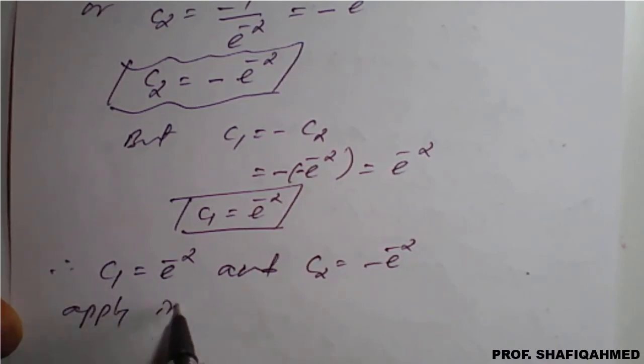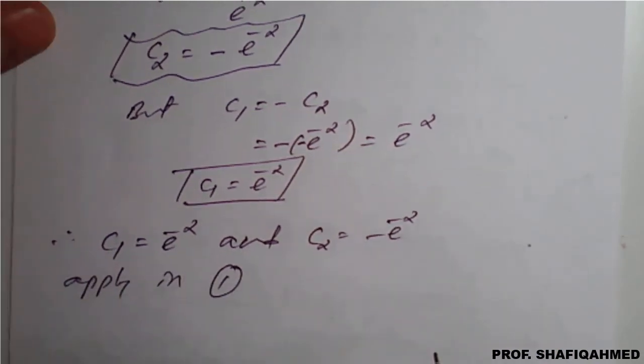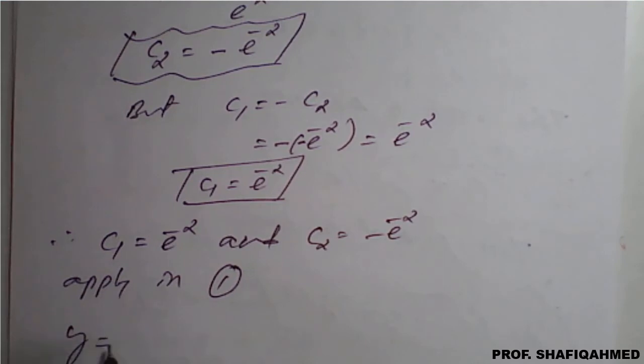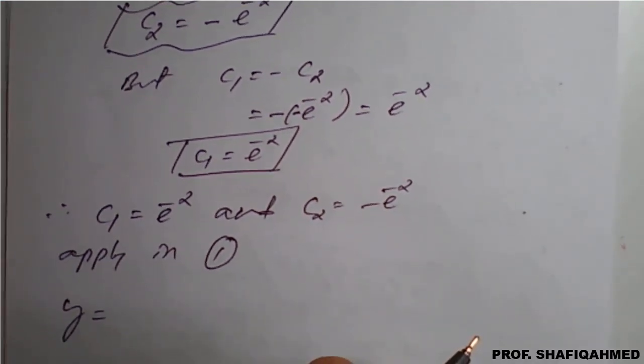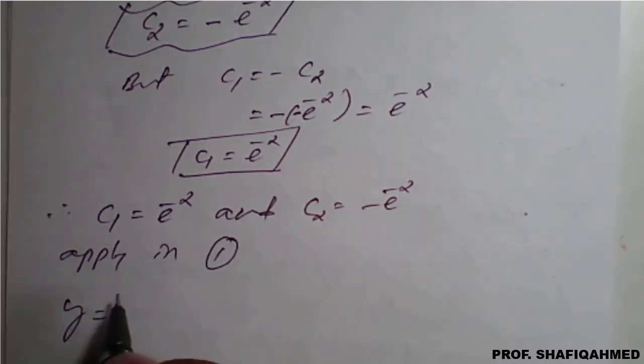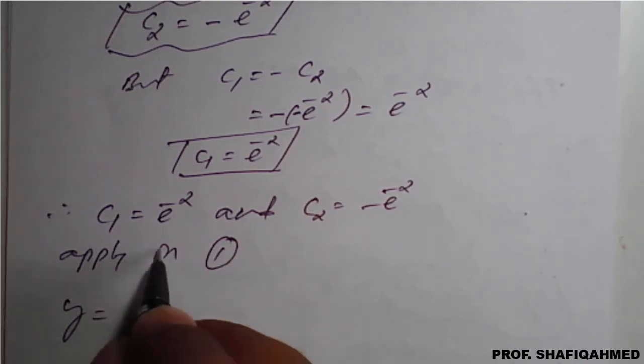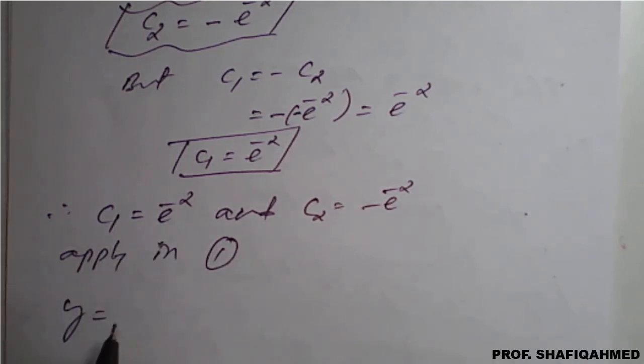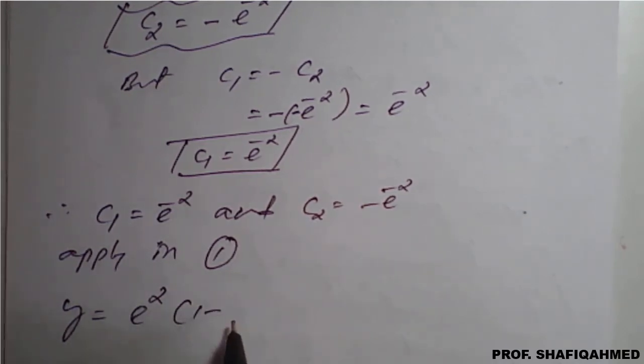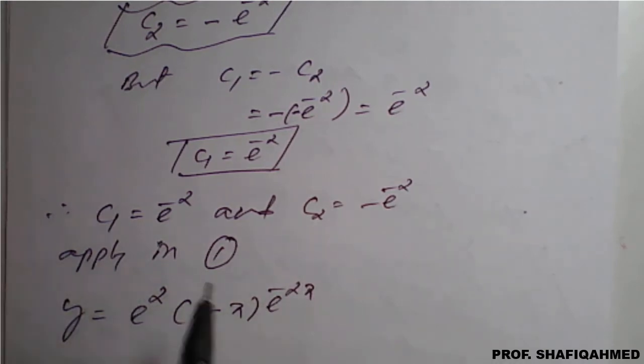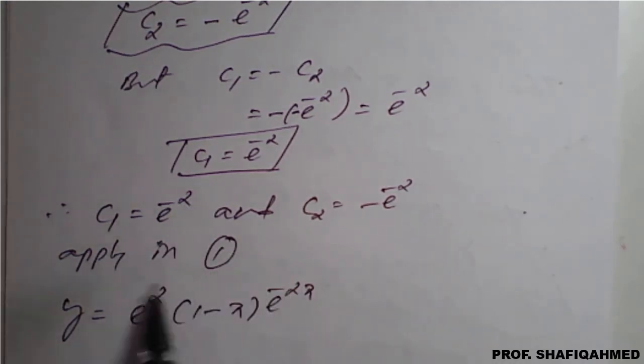Apply in 1. Therefore 1 becomes, y is equal to, so what happens to 1 here? So y is equal to e raised to 2 into e raised to minus x, minus e raised to 2 into x e raised to minus x. So you have to replace the value of c1 and c2 in equation number 1.